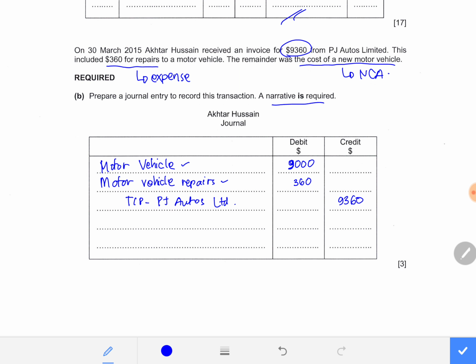It says narrative is required, so you just have to inform what this journal entry is about.